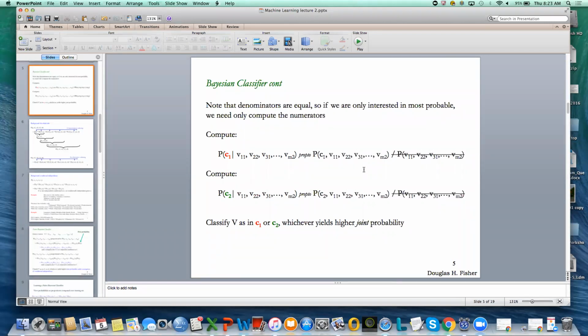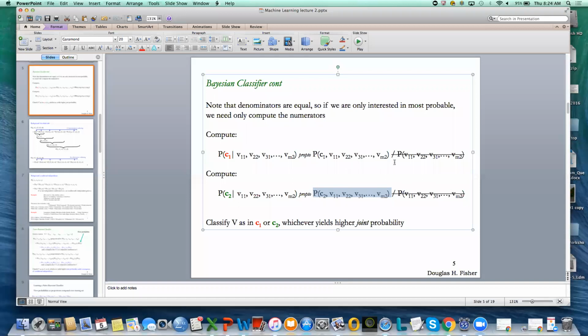But notice in the case of the Bayesian classifier, we're just making a relative judgment. All we want to know is which has the higher probability. In many cases, we don't need to know the exact probability. We just want to know which of the options, C1 or C2, or C3 and C4 if there are some, has the higher probability. And to do that, we just need to focus on the numerators, because the denominators in these cases are going to be the same.